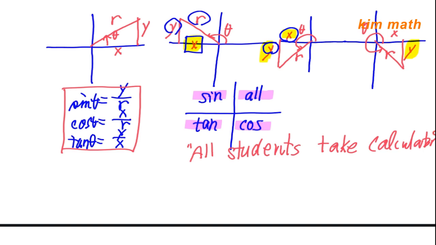I hope you understand the meaning of this one. In the first quadrant, everything is positive. In the second quadrant, S or sine is positive. In the third quadrant, T or tangent is positive. And in the fourth quadrant, C or cosine is positive. Okay.